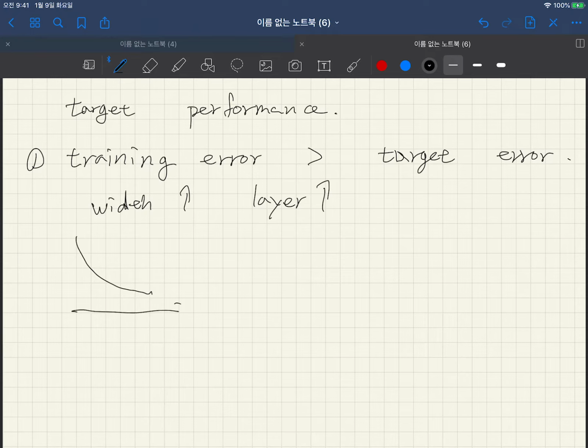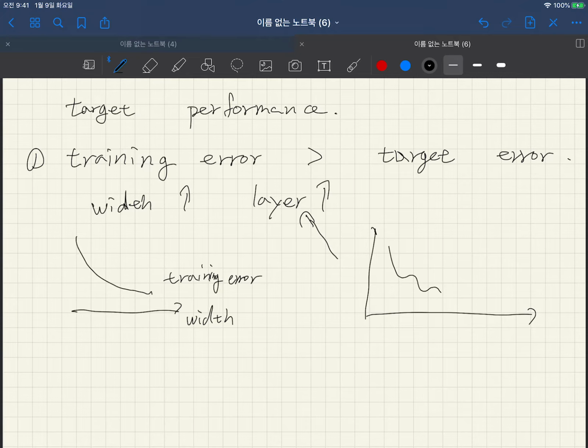As you increase the width, so when you increase the number of neurons of each layer, you can expect a monotonically decreasing training error curve. Right. And for this case as well. But usually when you increase the number of layers rather than the width, your training error curve is sometimes wiggly.